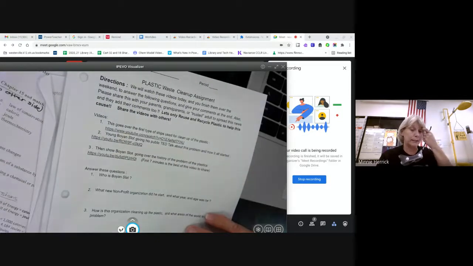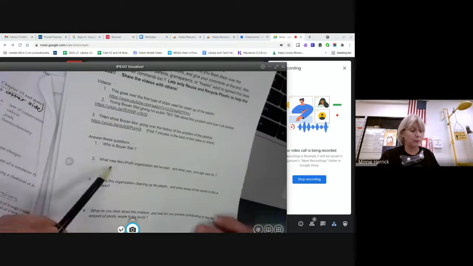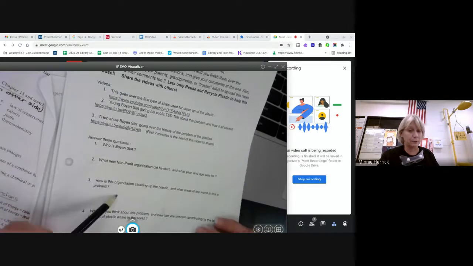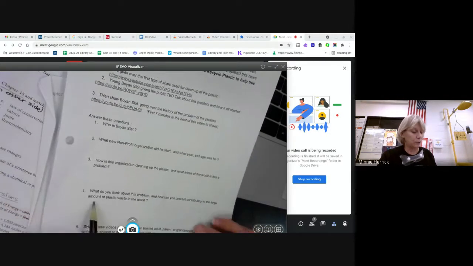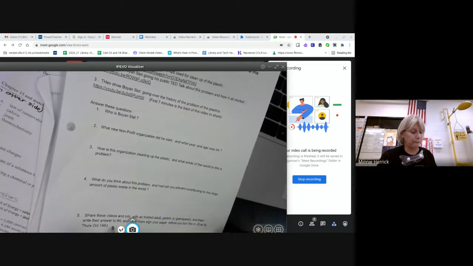It's actually linked in Schoology in the top of your page, but I wanted you guys to get this turned in. So please work on these questions from the internet, find the answers, and then answer what do you think about this problem? And then also share this with other people and have them answer question 4 and have them sign it and have you turn it in.